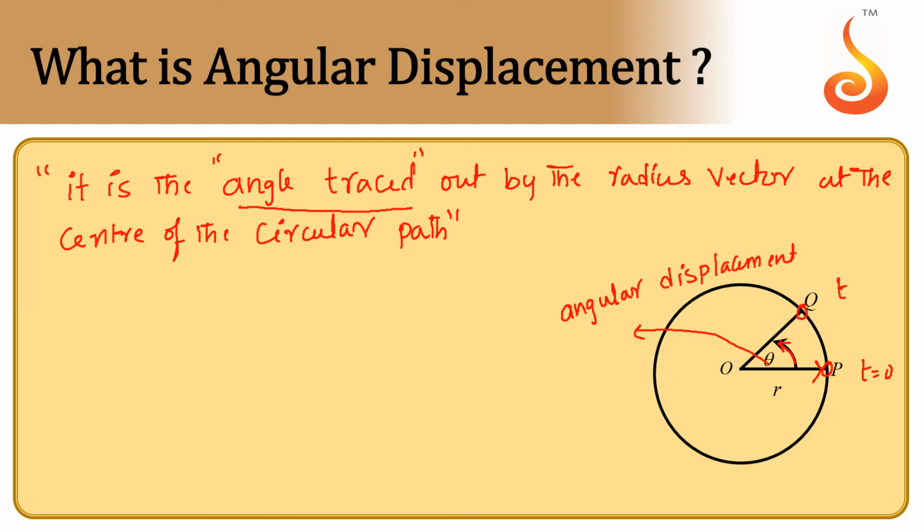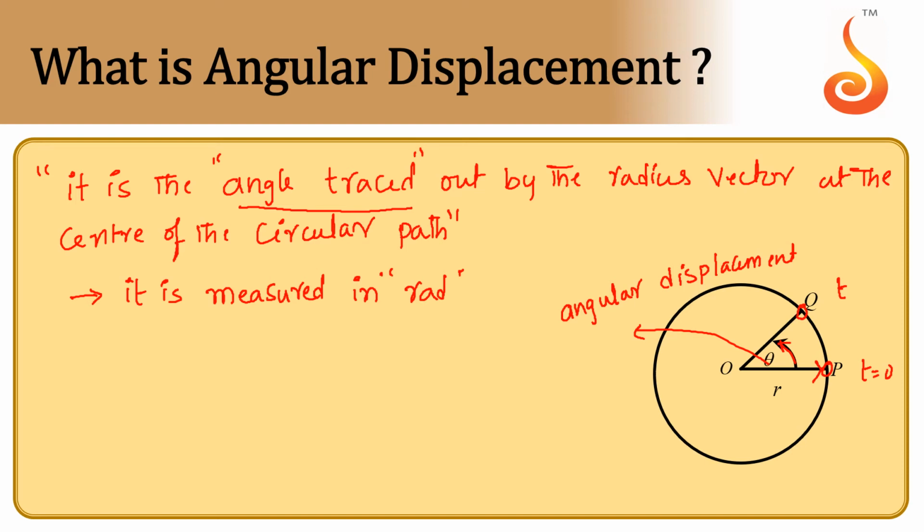So what angle the radius vector sweeps is nothing but the angular displacement of the particle, and it is measured in radians.